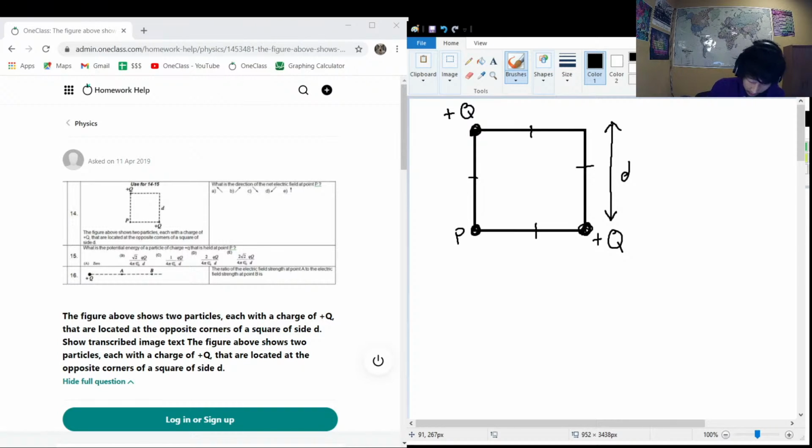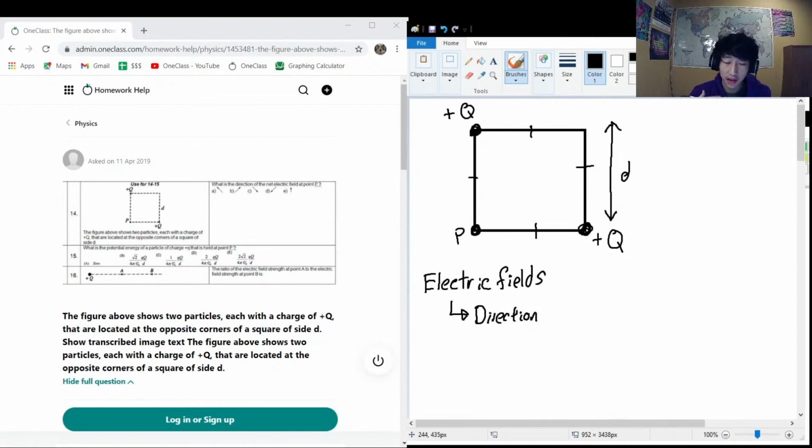Okay, so let's think about this for a second. Electric fields. Whoops, spelling is not my thing. Electric fields, their direction.